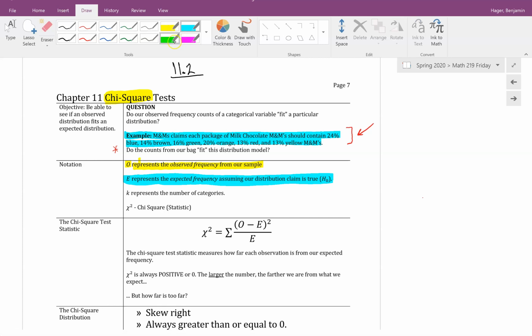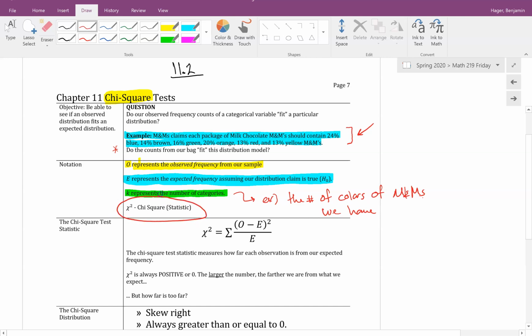K is going to represent the number of categories we have. In the case of the M&Ms, it would be the number of colors we have. And then chi-squared is the test statistic.